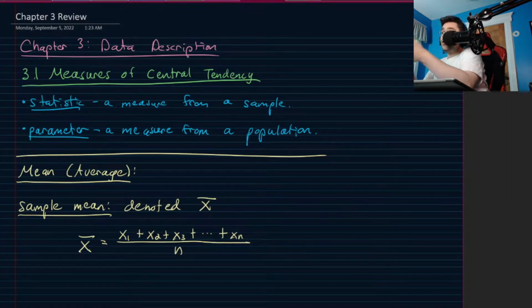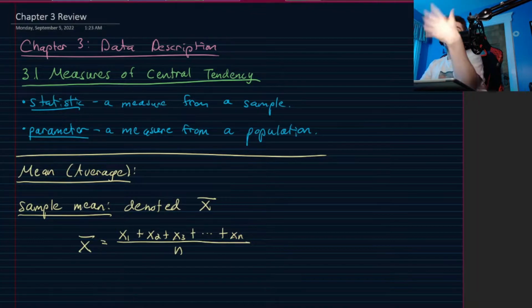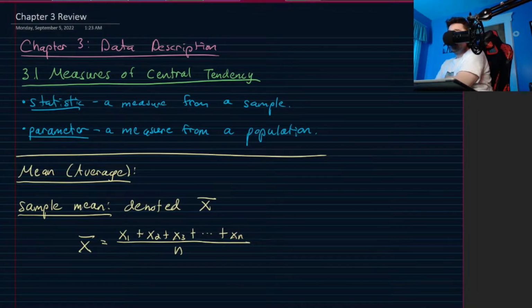So the x1, x2, x3, dot dot dot xn, we have to do it this way because we don't know how many values are going to be in the sample. Maybe there's 10 values in the sample, in which case n would be 10. When you're averaging a certain number of things, it differs depending on how many things there are in that sample. Right? If you've got 3 scores, you want to find the average, you add them up, and then divide by 3, right? The number of them. It's the exact same thing here. That's the mean, or aka the average.